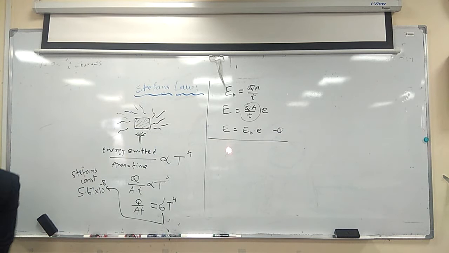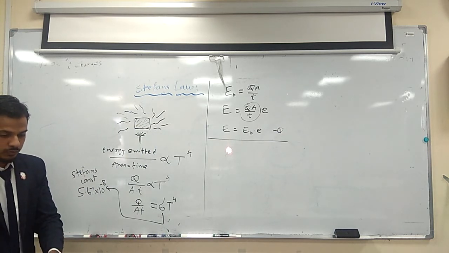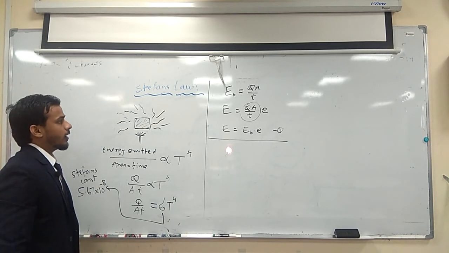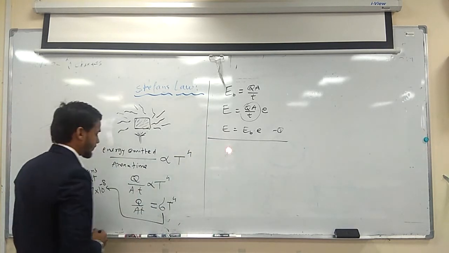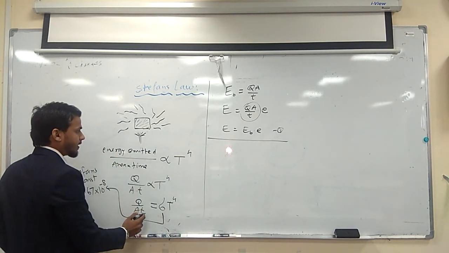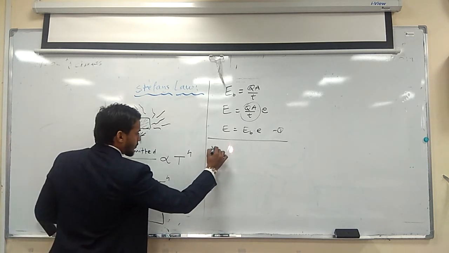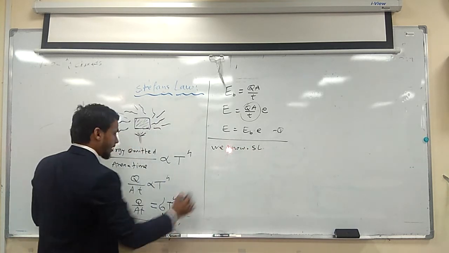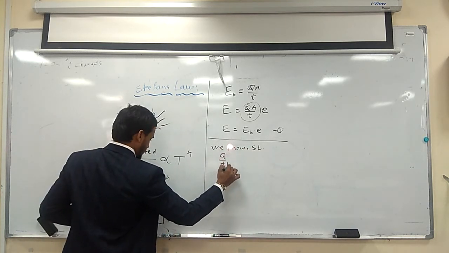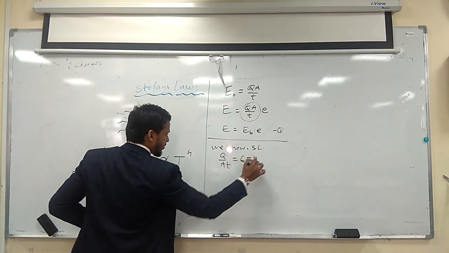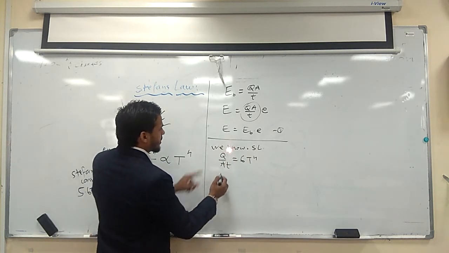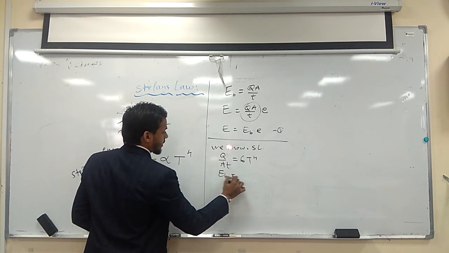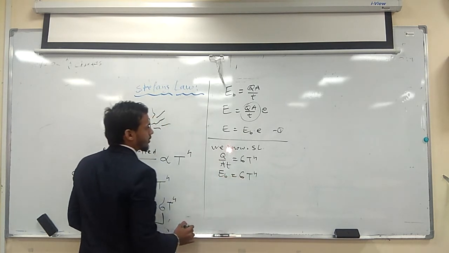So where I was, yeah, I can use this value here. I can write from here that we know Stefan's law that Q by At is equal to sigma T power 4. What is it here? The emissive power of a black body, that is equal to sigma T power 4.